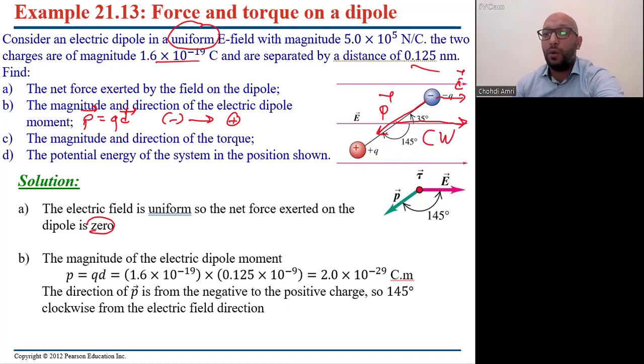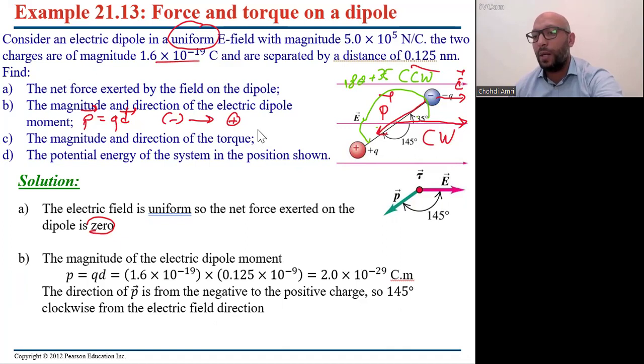If we want to calculate counterclockwise, we see here that it's 180 plus 35, counterclockwise. So the direction of P is from the negative to the positive charge: 145 clockwise from the electric field direction, or 215 degrees counterclockwise.